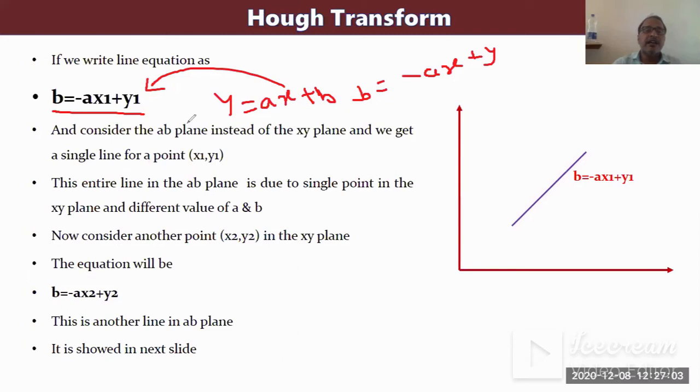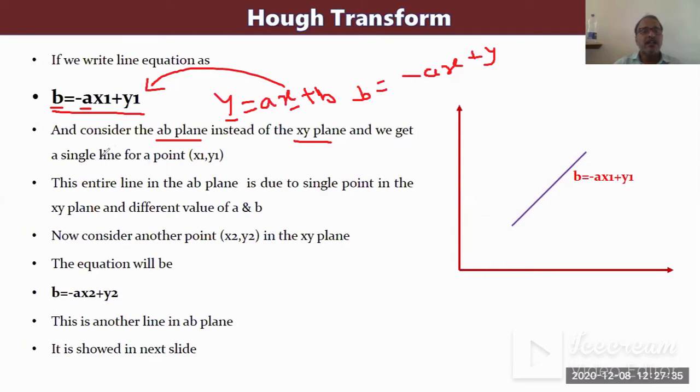Now we have to convert the equation, so our plane will become the a and b plane, because x1 and y1 are constant values. So here we consider the ab plane instead of the xy plane, because this equation represents the ab plane.